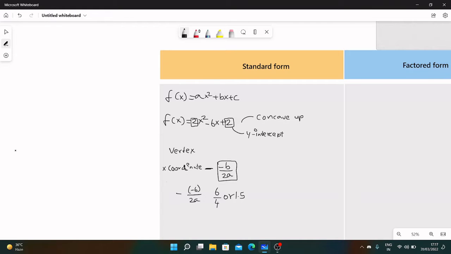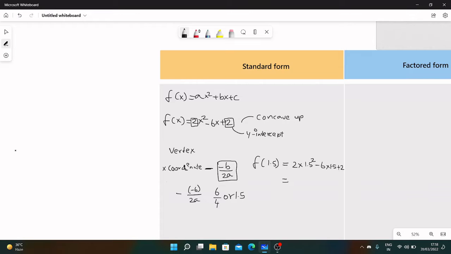Let's find the y coordinate of the vertex. To find the y coordinate of the vertex, we have to give the input of the function as 1.5, which is the x coordinate of the vertex, to find what y value corresponds to this value. So f of 1.5 equals 2 into 1.5 squared minus 6 into 1.5 plus 2.